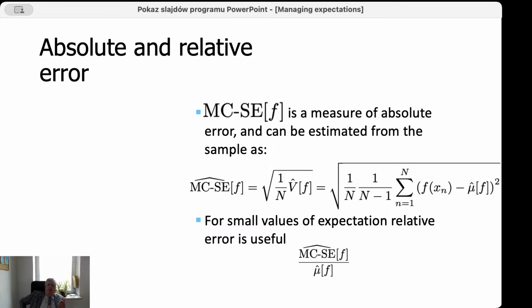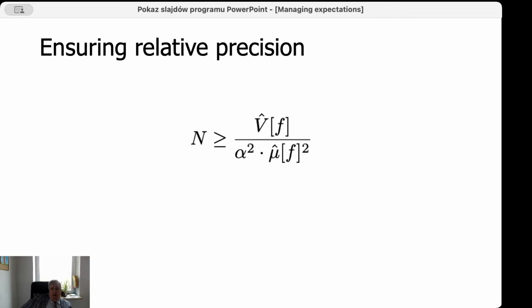However, for small values of expectation, we are sometimes much more interested in the relative error, which is reasonable, because if our actual value is in microns, we are much more interested in the percentage representation of that. And that is, of course, the quotient of the Monte Carlo standard error by the estimate of the expected value of f.